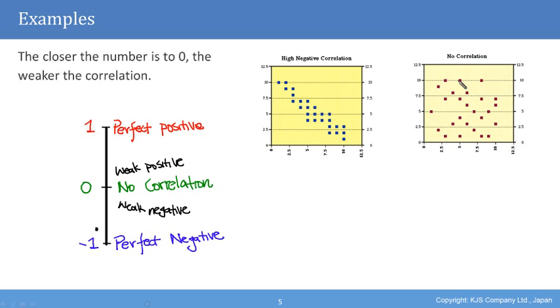In this example, as x is increasing, the y values of the data points seem to have absolutely no connection at all with the x values. This is an example of no correlation, and this would be given a correlation number of 0.